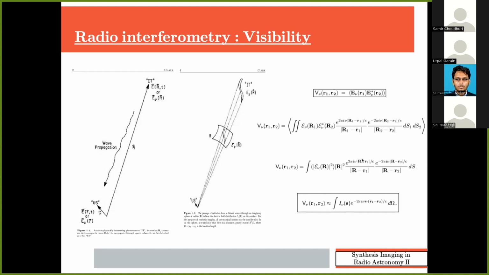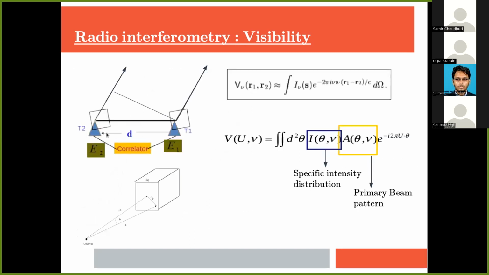This term goes to d omega, and this e to the power term can be written as a function of the difference between two positions R1 and R2 on the Earth. So if we have two telescopes over here, then we are correlating the electric field over here.